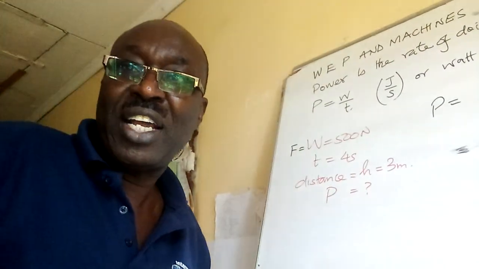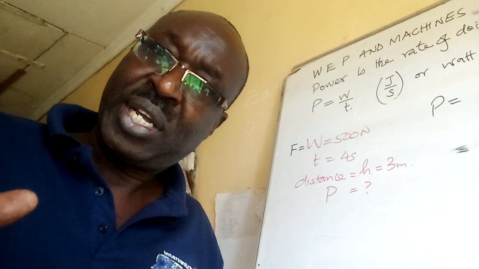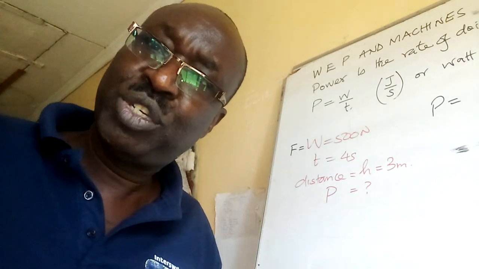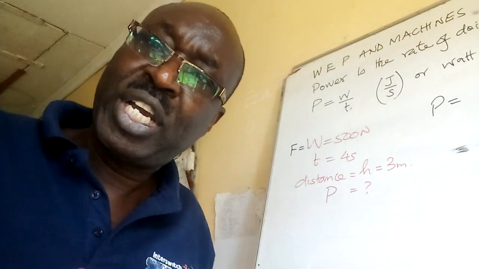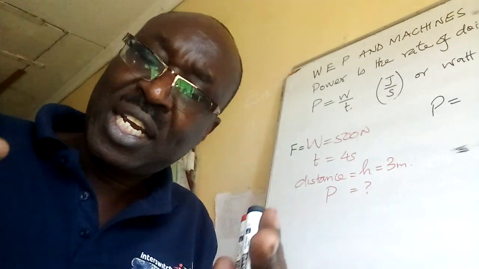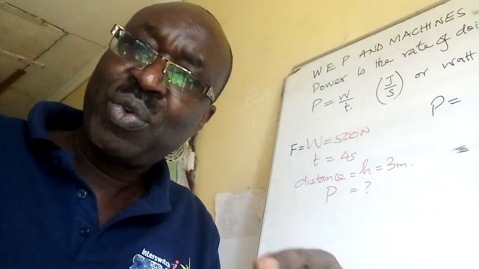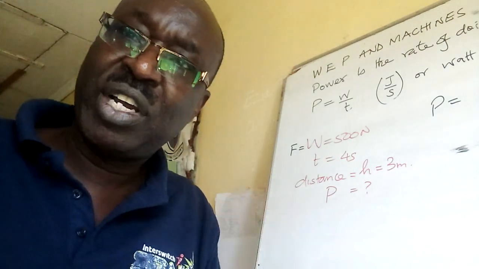Okay? If I write W is equal to mg, meaning that for me to get W, I must know m and I must know g. Don't start converting m there. That you have been given 200 grams, you divide by 1,000.